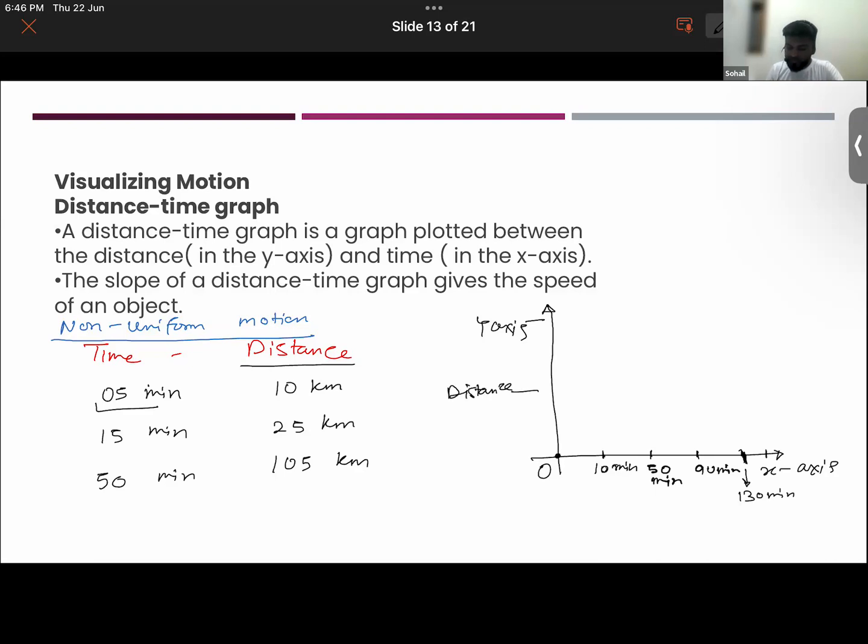Let's take a scale of 10 kilometers here. So 10 kilometer, then 20 kilometer, then 30 kilometer, then 40. All right. So see, for the first 5 minutes, how much distance has been traveled?